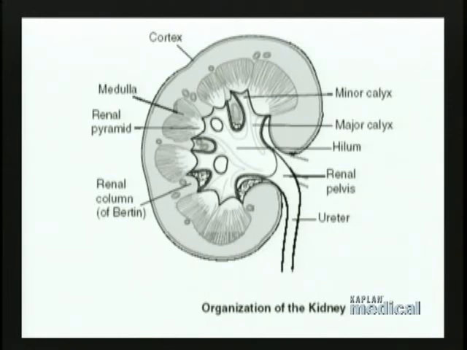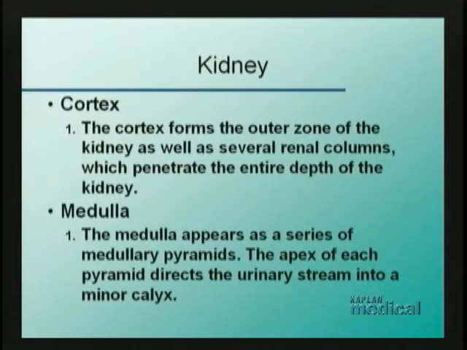The cortex, you can see, is outermost, containing obviously major components of the uriniferous tubule, the nephron, but notice we'll see that parts of a nephron are going to extend down into the renal columns between the medullary or the renal pyramids.